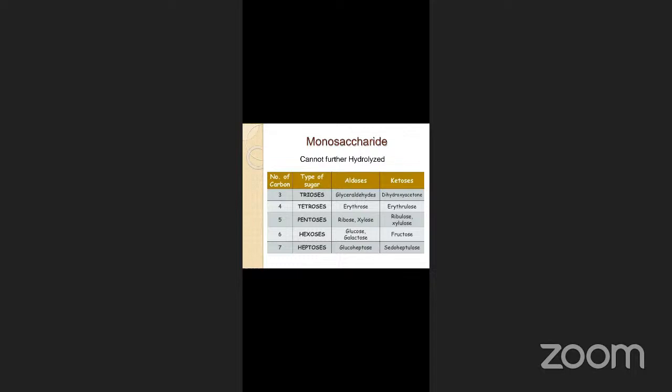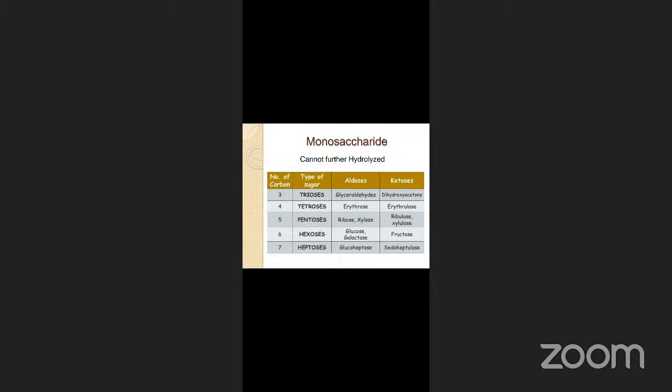Even in the trioses, tetroses, pentoses, hexoses and heptoses, based on the functional groups, if it is an aldehyde group, then aldoses. If there is a keto group, they are called ketoses. So there are aldoses and ketoses in all these 5 categories.